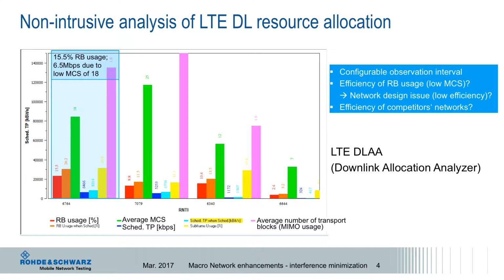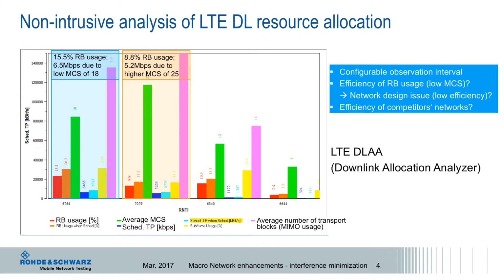If you concentrate on the blue colored user here, we see that he is consuming 15.5% of all resources. And he generates out of that 6.5 megabit per second data throughput. This is not too much, because it is driven by the low modulation and coding scheme, an average of 18. You see here the green bar.